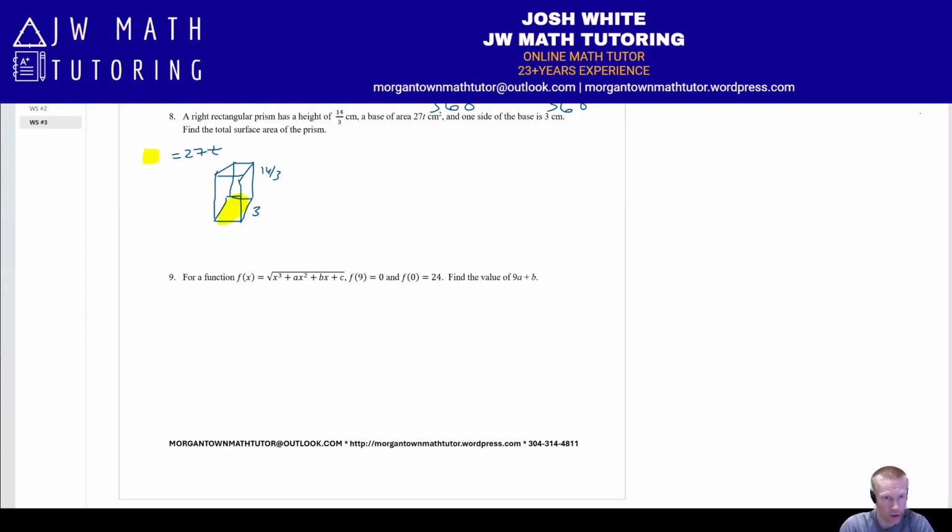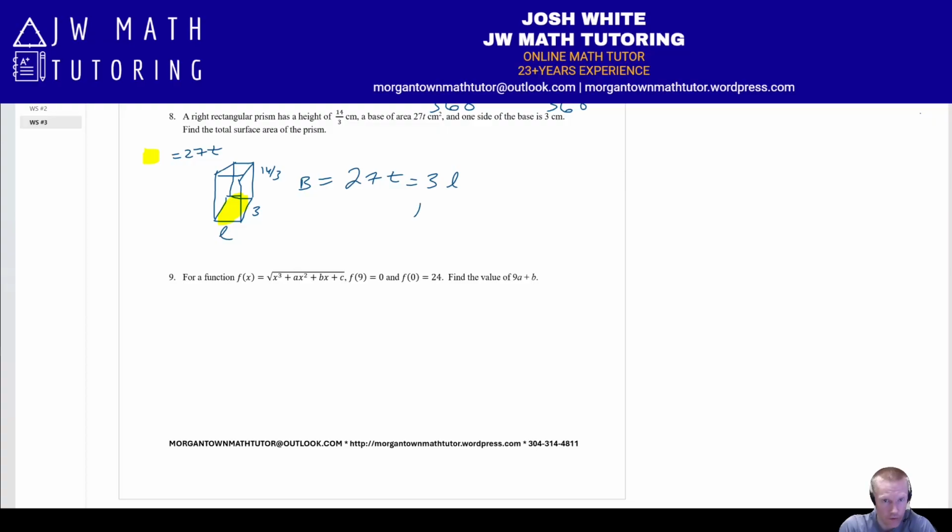In order to do that, we need to find this missing side. We'll call it the length. So we know that the area of the base is 27T. And we also know the area of the base is, of course, just L, the length, times this other side, that's 3.